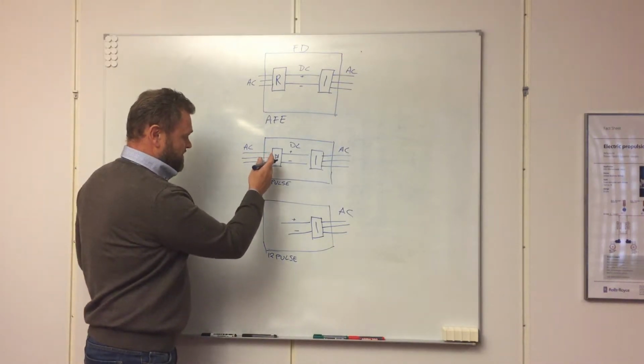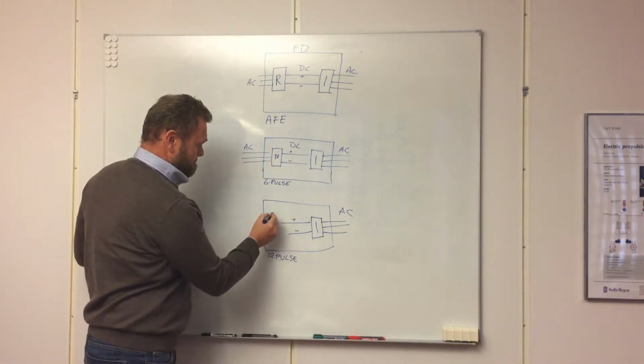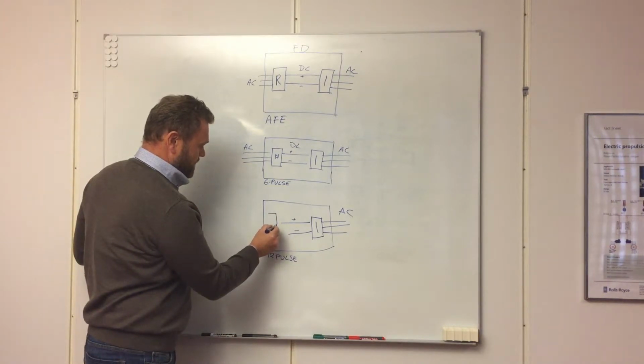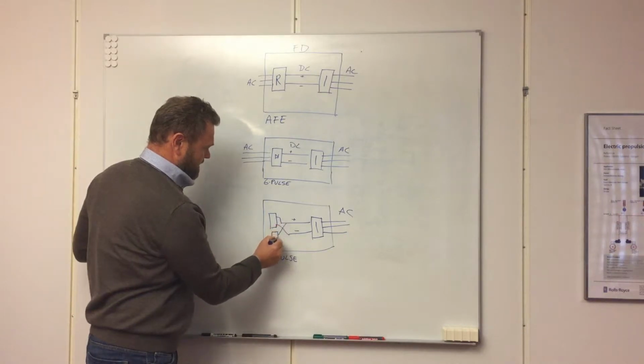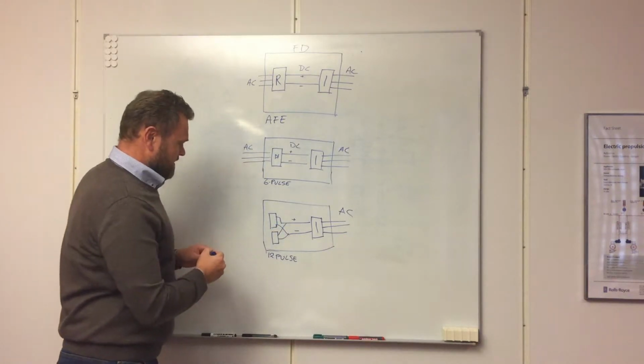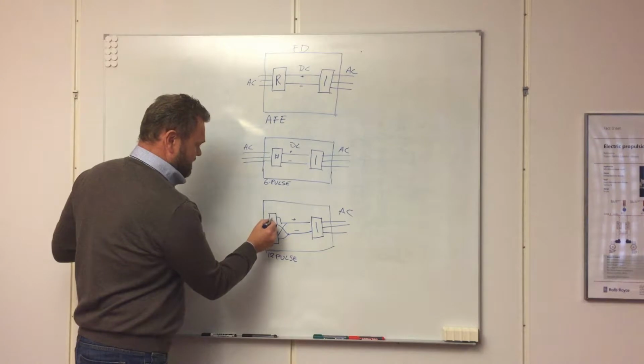The difference between 6 pulse and 12 pulse is that we have double set of diodes, a double set of a bridge of diodes, making DC, still passive components.